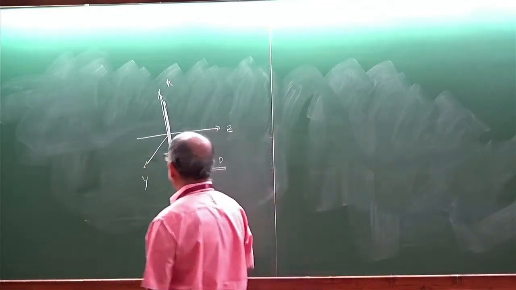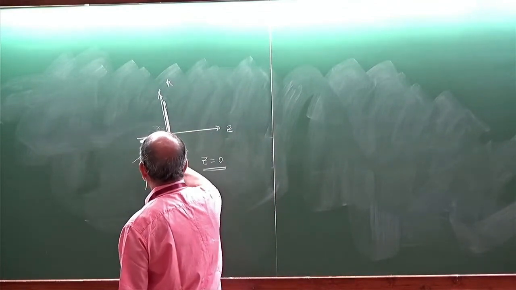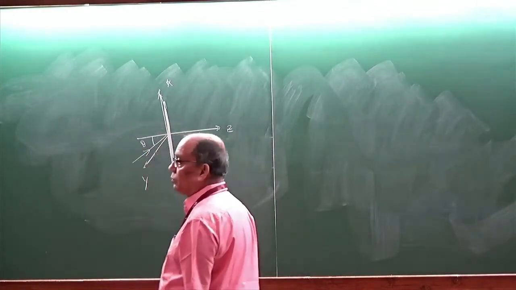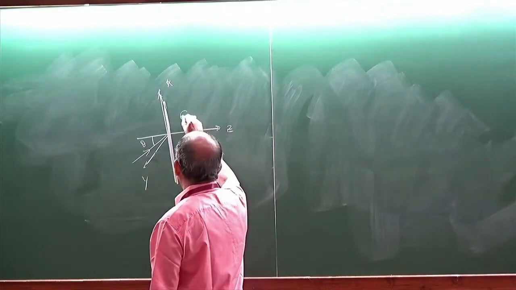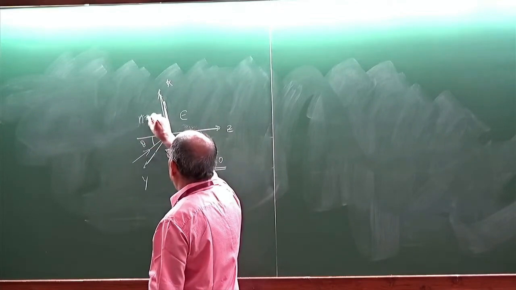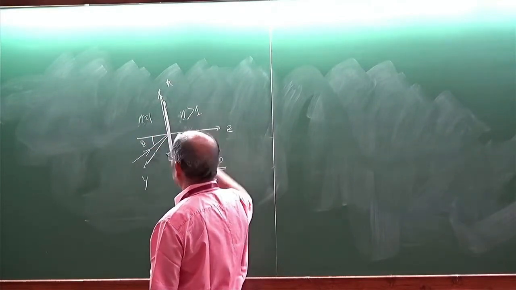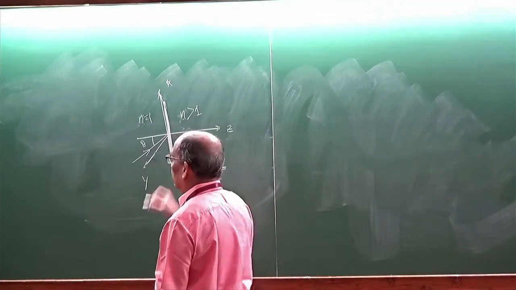Now let's say you are coming in with a wave at an angle theta. It's a propagating wave coming from free space, n equal to 1, falling on a medium where n is maybe greater than 1. You'll have refraction and other effects.